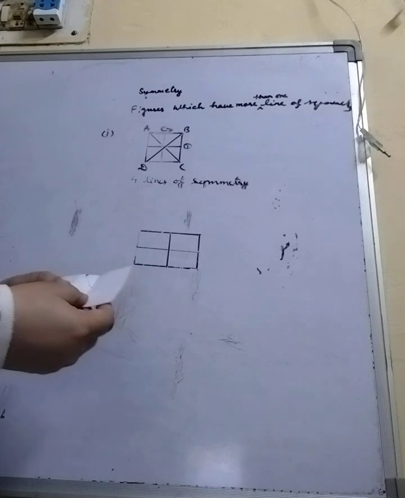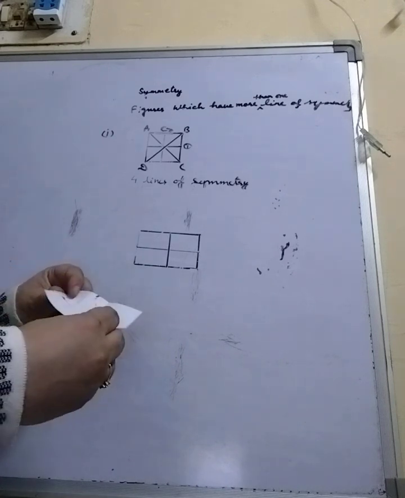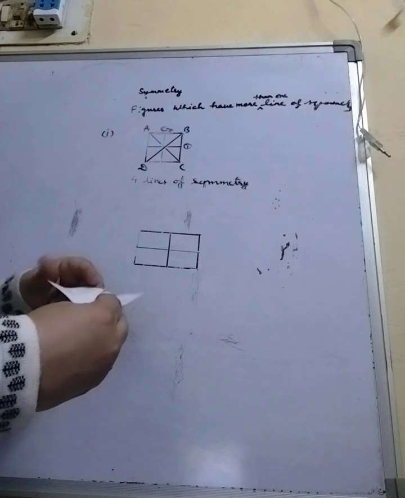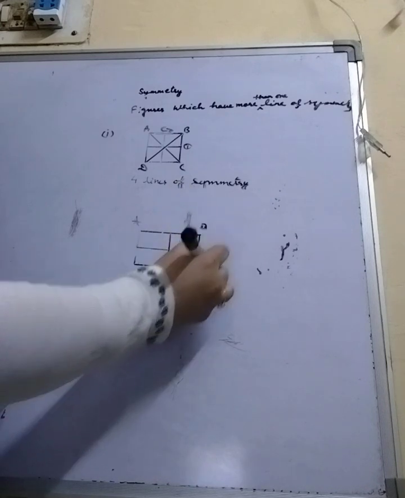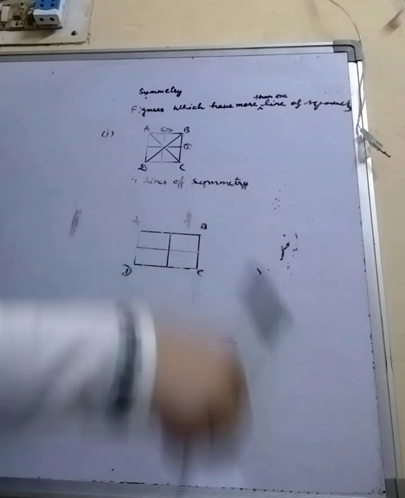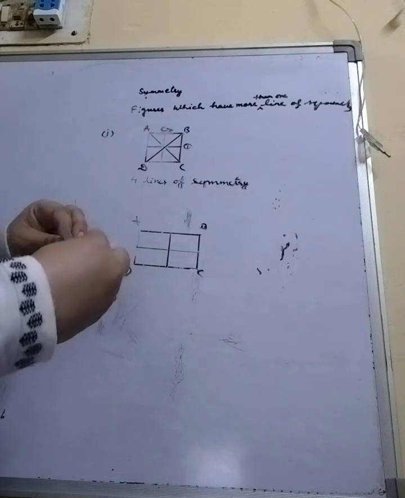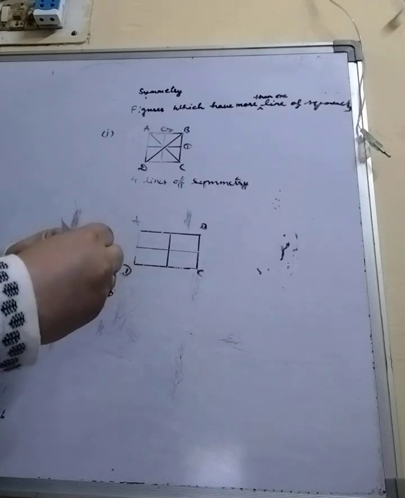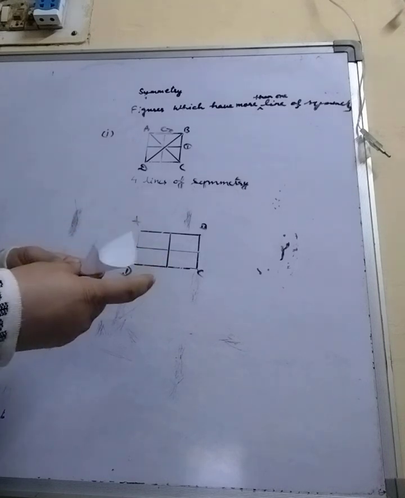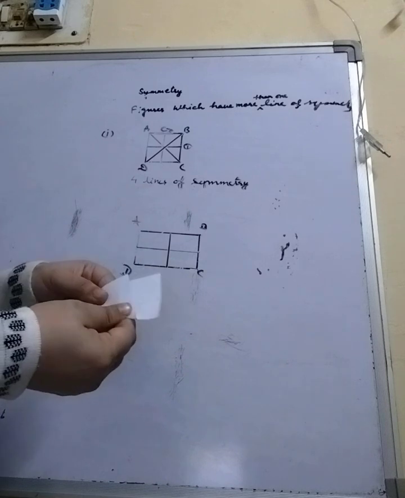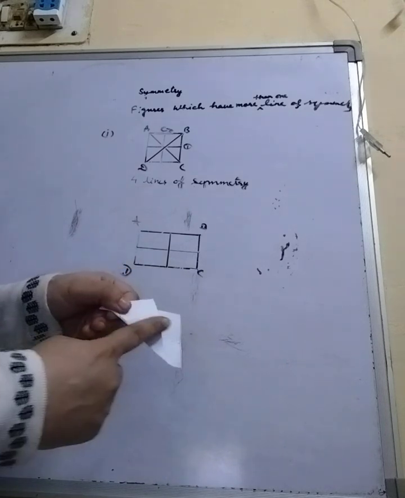Now we will also try folding along the diagonal. So I take the rectangle, say ABCD, and I fold it along AC. When I fold it along AC, I see that the two parts are not exactly overlapping each other.